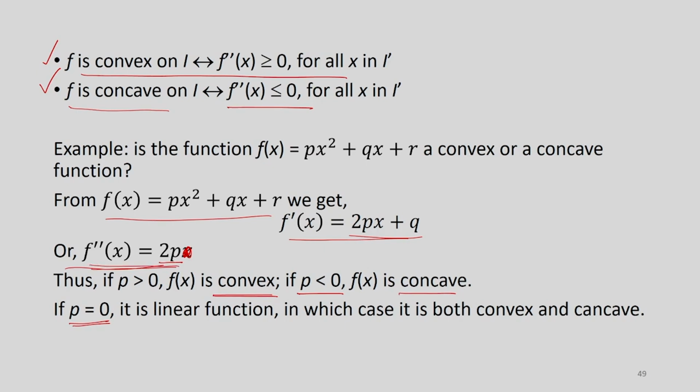And in fact, if we look at the first derivative, it is giving us just q. The first derivative is q, which is a constant. That means that the function is a linear function. So, it is a straight line, and if it is a straight line, then it is both convex and concave.